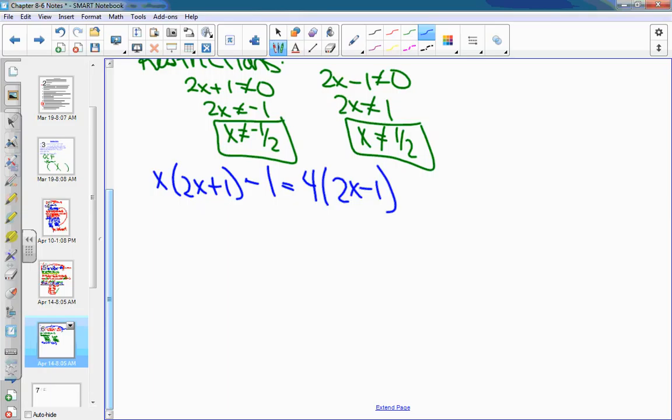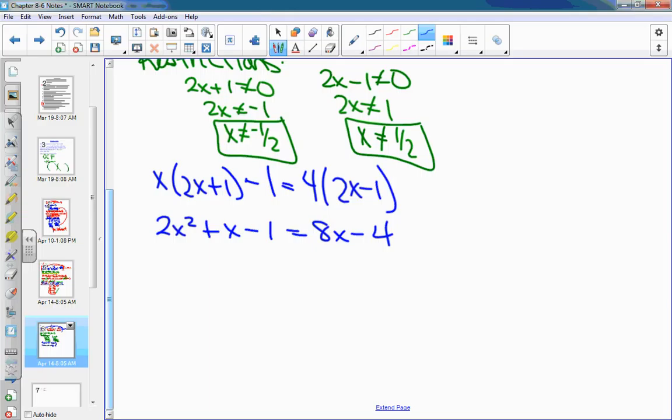And now what is your instinct telling you to do? To distribute. So if I do that, I get 2x squared plus x minus 1 is equal to 8x minus 4. Now what's your gut telling you to do?